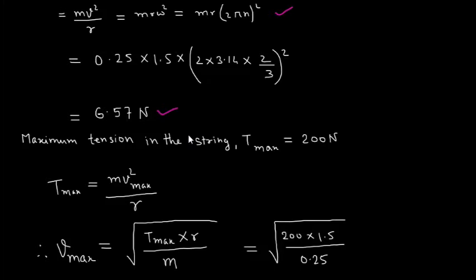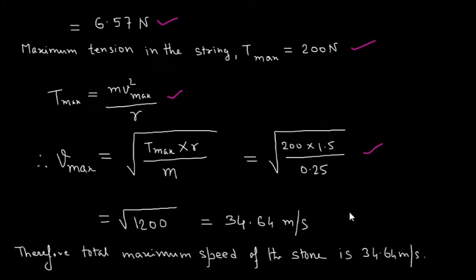Maximum tension in the string T max is equal to 200 Newton. T max is equal to m v max square upon r. Therefore, v max is equal to square root of T max into r upon m, that is 200 into 1.5 upon 0.25, which is equal to under root 1200, which is equal to 34.64 meter per second.